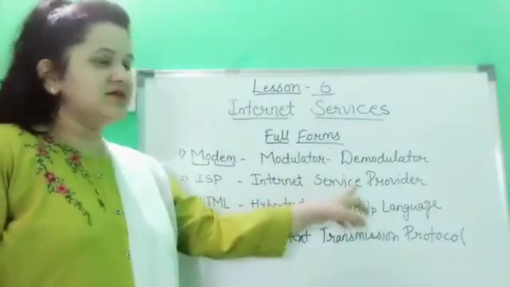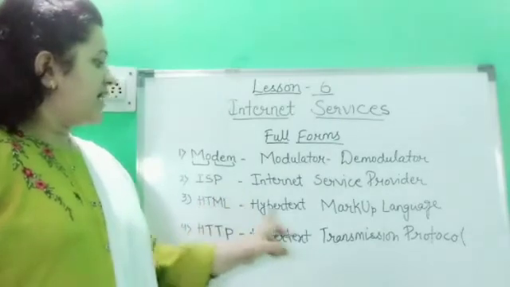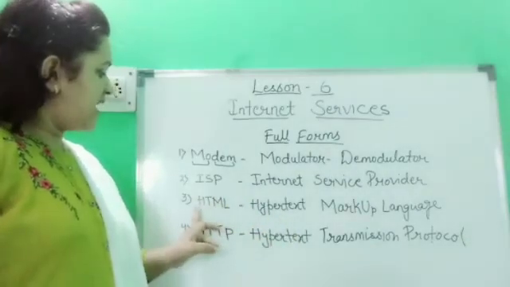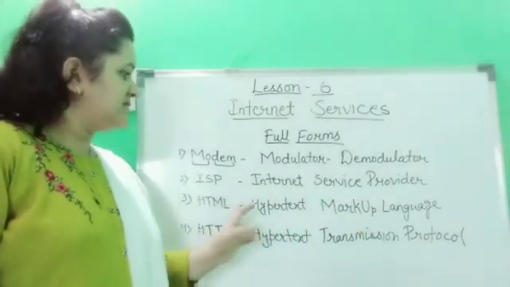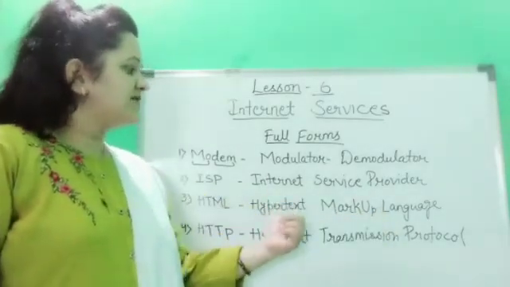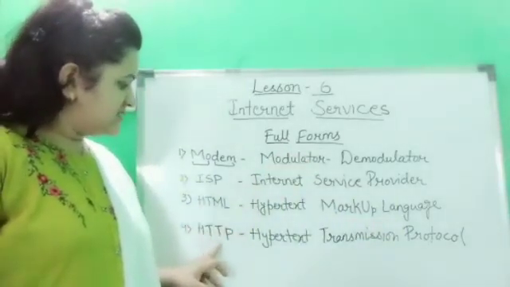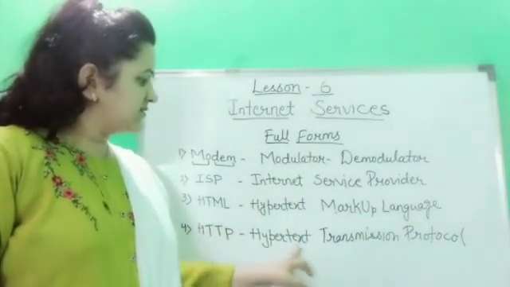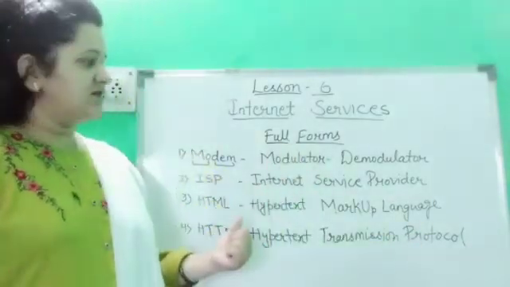Internet Service Provider. Now, HTML: HT is hypertext, M stands for markup, L stands for language. Hypertext Markup Language. The next comes HTTP, Hypertext Transmission Protocol. So here are the terms related to the internet.